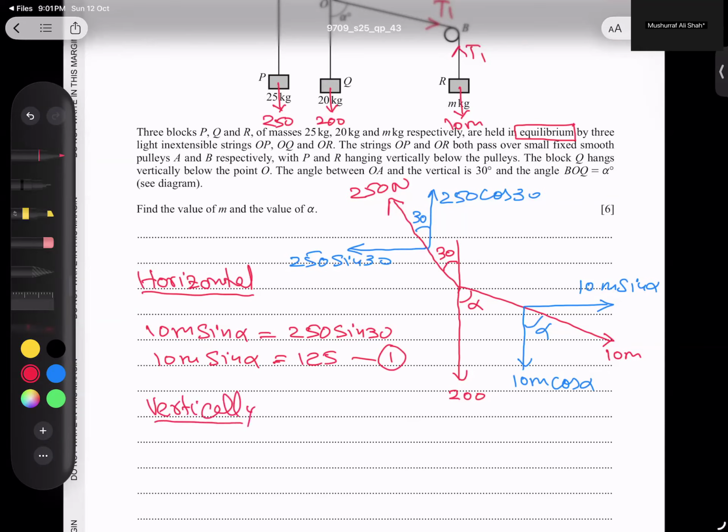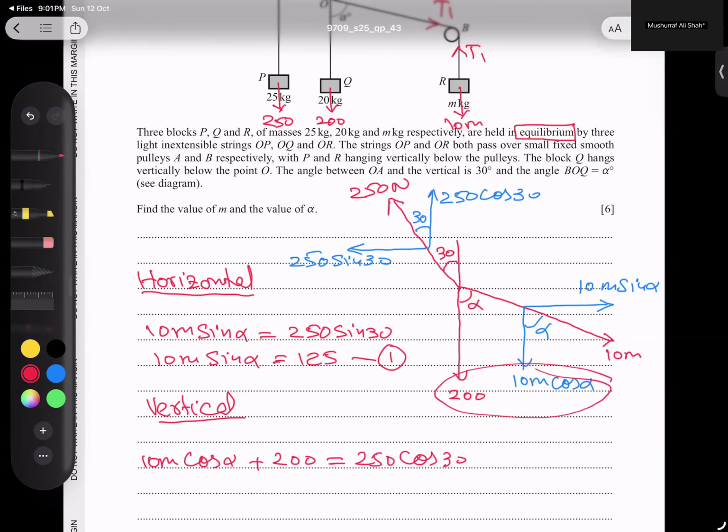Okay, let's talk about the vertical. Vertically, this is upwards, and this is downward and this downwards. So I can say here 10m cos alpha plus 200 is equal to 250 cos 30.